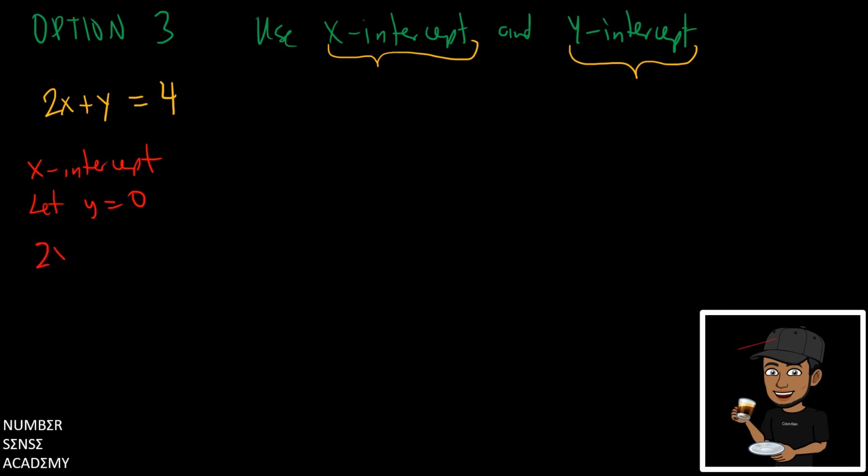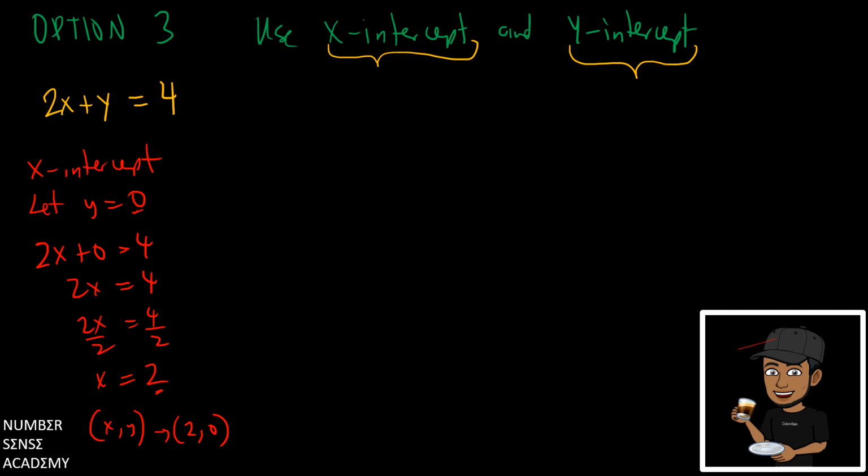I end up with 2x plus 0 equals 4, which means 2x is equal to 4, so we divide everything by 2, and x is equal to 2. So the coordinate for the x-intercept, as we expect, is (2, 0), because y is 0 and x is 2.